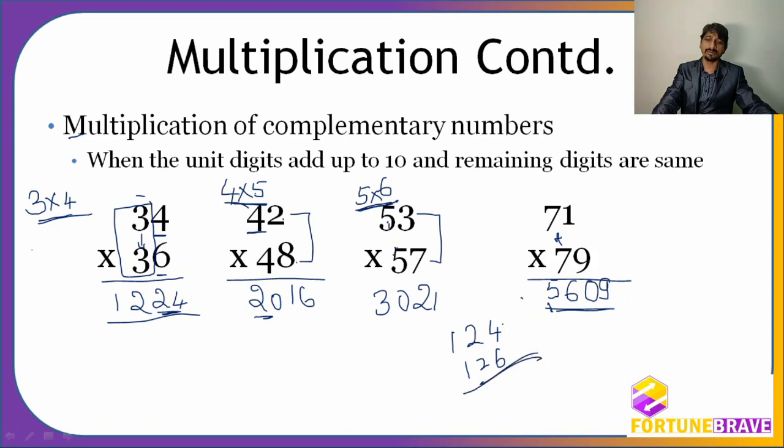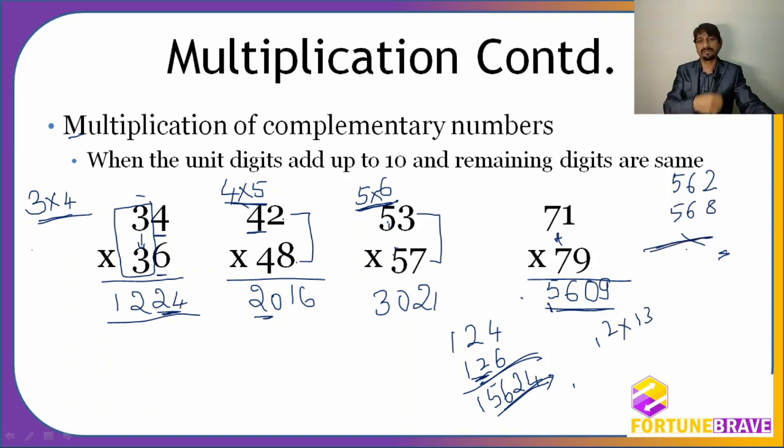What am I going to do? 4 times 6 is 24. 12 into 13 is 156. So 15624. You can do it with several numbers, but what I feel is that only when it is two digits will it be very easy to do. If it is like this, then we'll go for another method. If it becomes like 562 and 568, it will be much more difficult, so we'll apply another method. Is that clear?